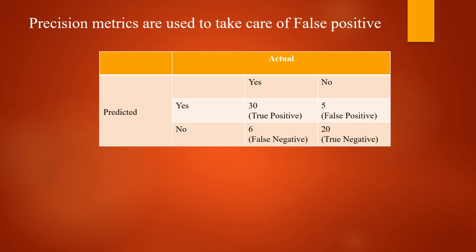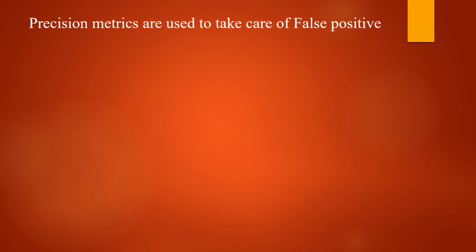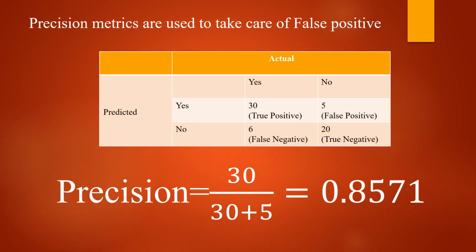Our precision matrix is given by the following formula. Precision is equals to true positive upon true positive plus false positive. Here, as false positive increases, our precision decreases. As our false positive decreases, our precision increases. Now let's apply this formula onto the confusion matrix. We get 30 upon 30 plus 5 is equals to 0.8571, 85%.